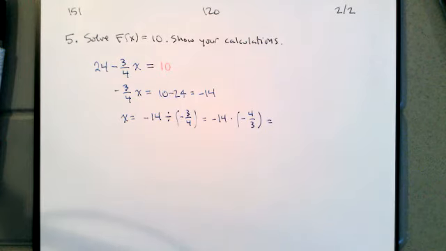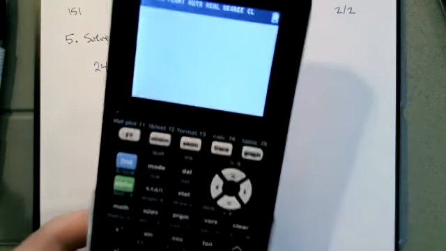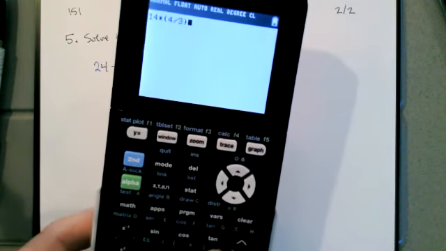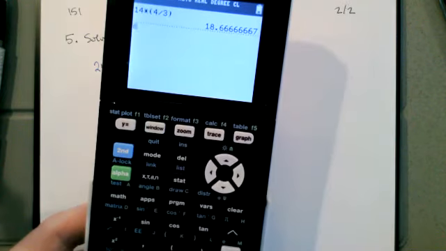So we need to calculate 14 times 4/3. It's going to be positive because a negative times a negative is a positive. And if I do 14 times 4/3, we get 18.67.